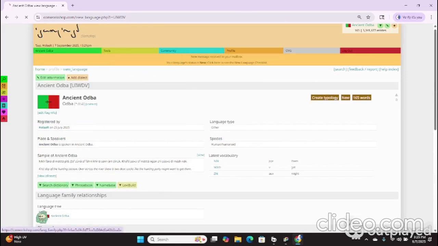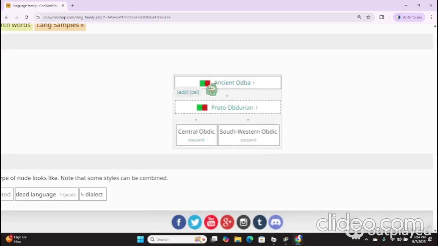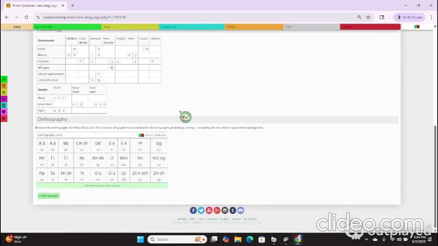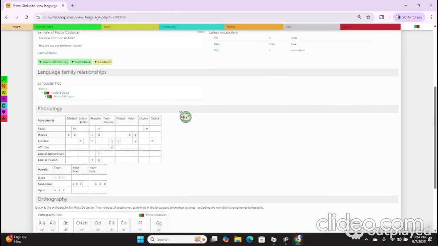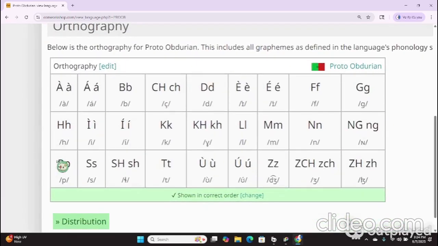The language tree. Ubda eventually evolved into Proto-Ubdarian around 400 BC. Proto-Ubdarian had a similar phonology, but with a drop of normal and falling tones.